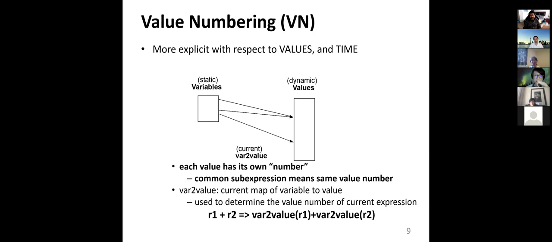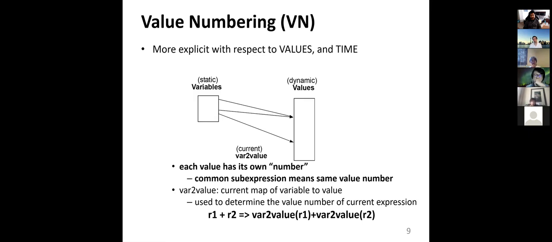And that mapping is used to determine the value that represents the expressions. So we first map variables into values, and then by looking at those dynamic values and the mapping, we can say whether R1 plus R2 are really the same or not, because we know the precise encodings. I'll show you an example later on.